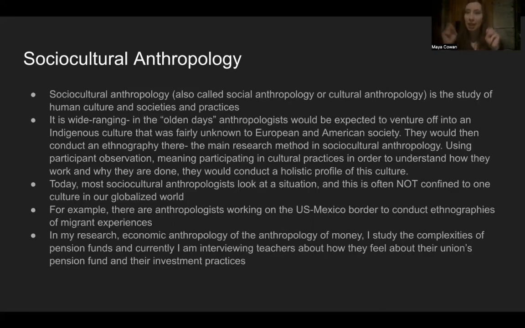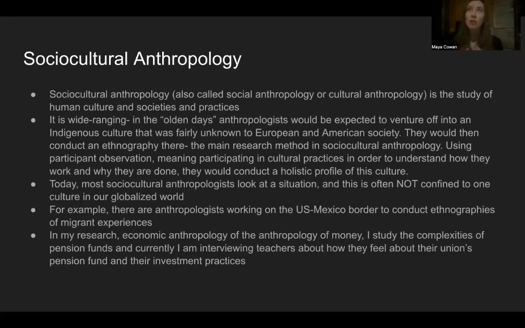And in the olden days of anthropology, the expectation for a PhD student in anthropology would basically be that you would venture off. This is true for both American and European anthropology. And you'd visit an Indigenous culture that's fairly unknown to European and American society. And while you're there, you would conduct an ethnography. And this is the main research method in sociocultural anthropology.